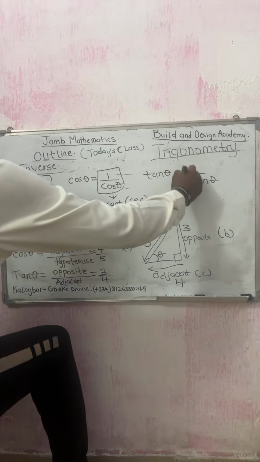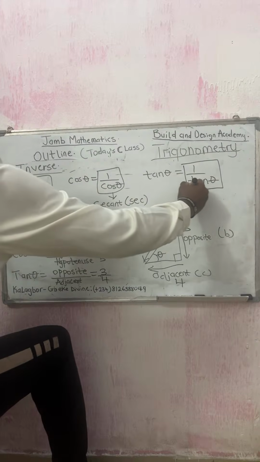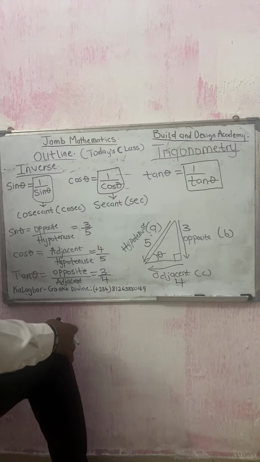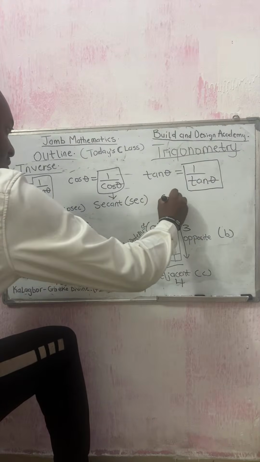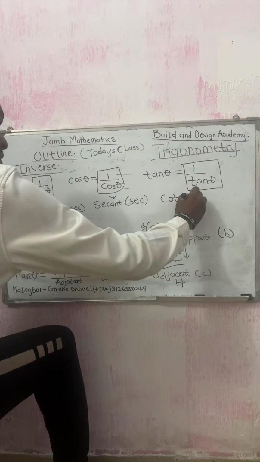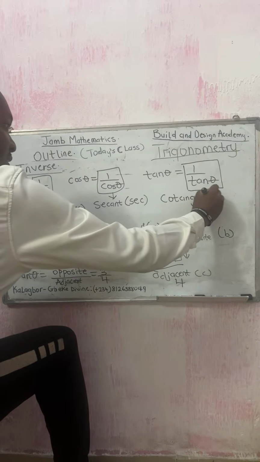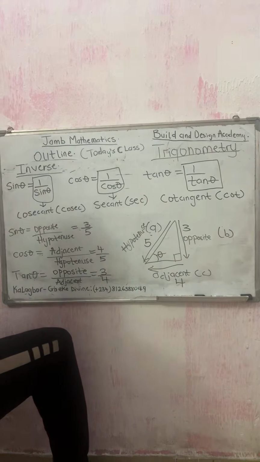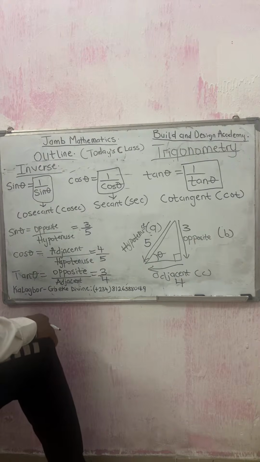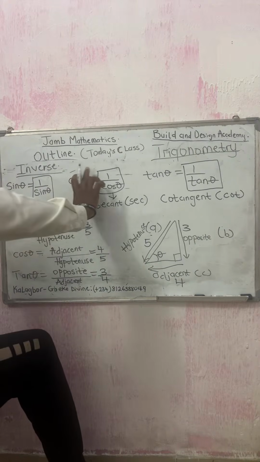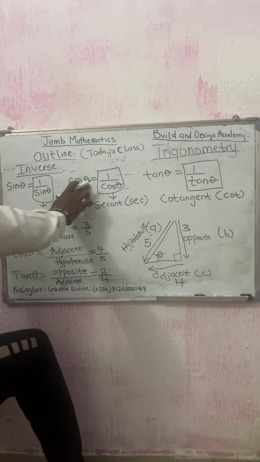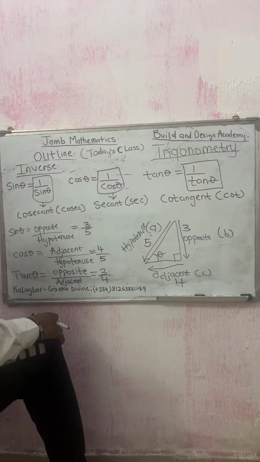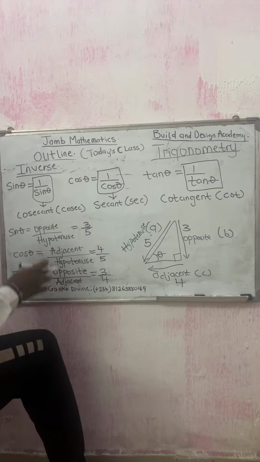Then for the inverse of tan theta, which is 1 over tan theta, will be cotangent. And we can put the short form as cot. So please take note of this. These are the inverse of what? Sin theta, cos theta, and tan theta. So let's write them here in this form.